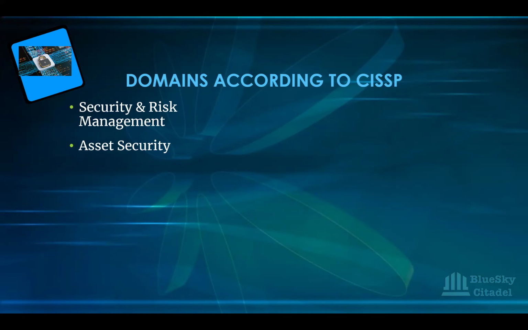This security and risk management is where you're looking at policies, you're looking at risk, the organization's security posture. With asset security, you're looking at all the data, devices, servers, all of these are assets. You're identifying the critical assets, the level of criticality of each asset in the organization.